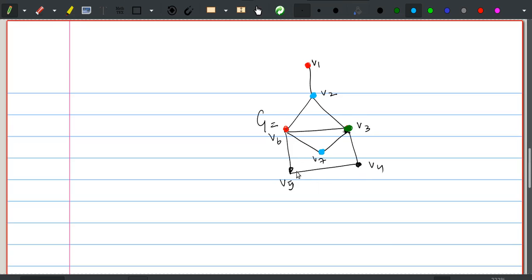Now let us look at v5. We can use any color here for v5 except the color red, because v5 and v6 are adjacent. So we can color this vertex with green or cyan but not red.